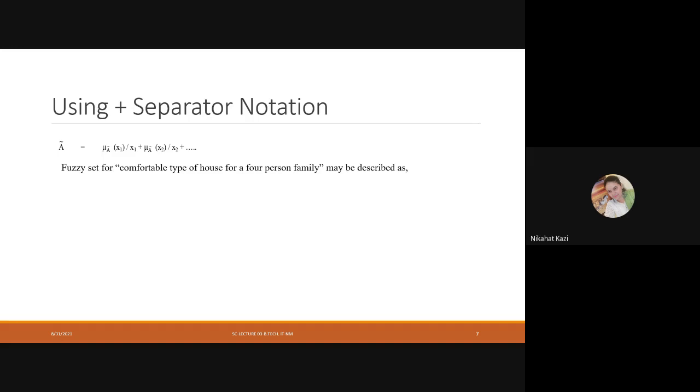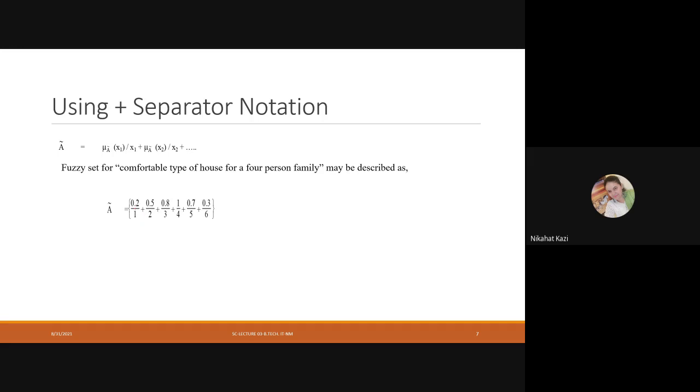Take the same example of a comfortable type of house for a 4-person family. Membership is written on top, and the element whose membership you want to find is written below the division sign, and the separator is plus. So this is one more alternate notation in which fuzzy sets are written.